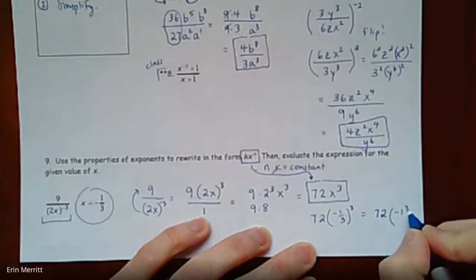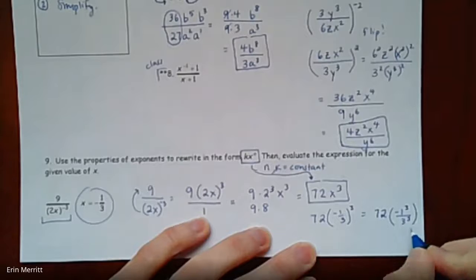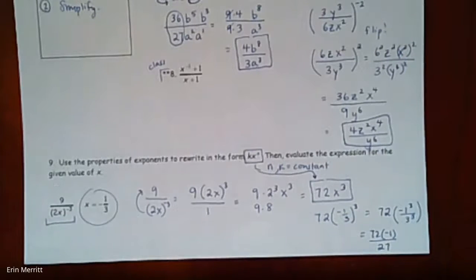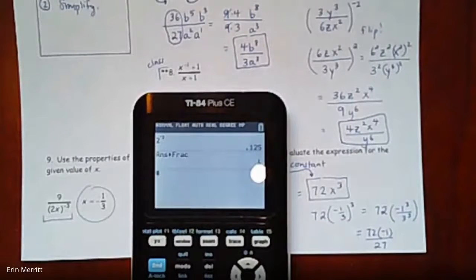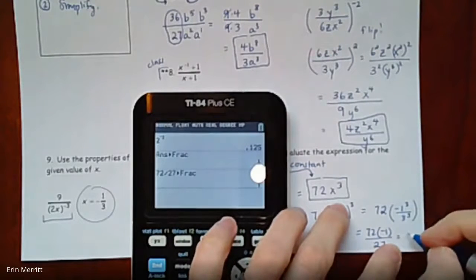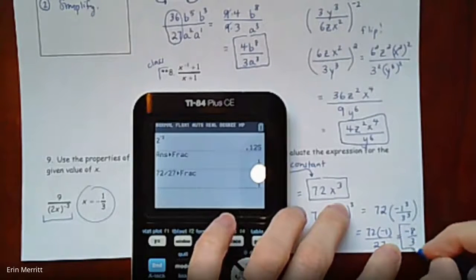And then I'm going to have the 3 cubed. So 72 times negative 1 and then over 27. Oof, that's going to be a little bit funky to deal with. Those are both divisible by 9. But here's where you can absolutely grab your calculator and math frack it if you like. So I'm going to have negative 8/3 as my final answer there.